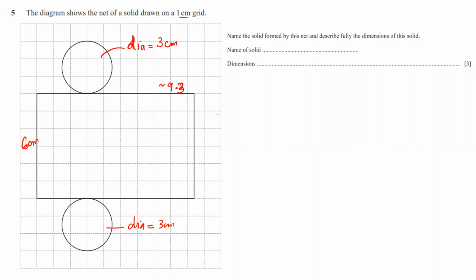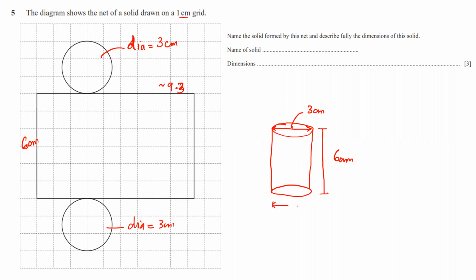So this appears more or less like a cylinder. If I have a cylindrical shape like this, if my diameter is 3 centimeter, the height will be 6 centimeter, and this diameter is again 3 centimeters.